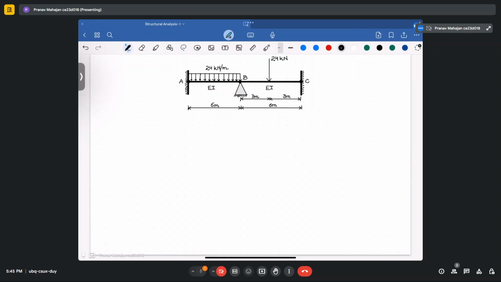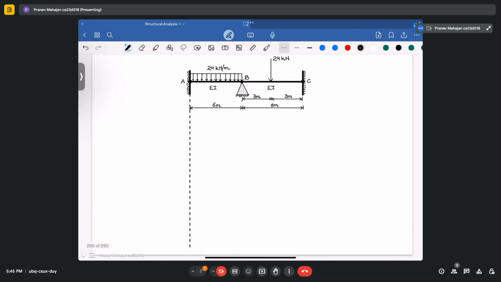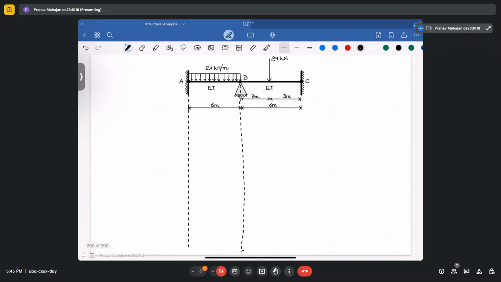So let's draw a few lines. So we start with the shear force diagram.